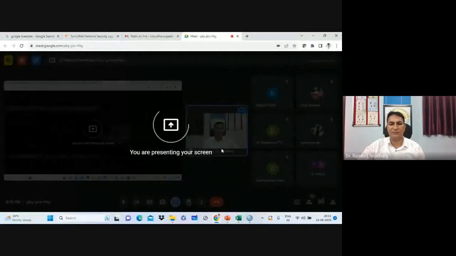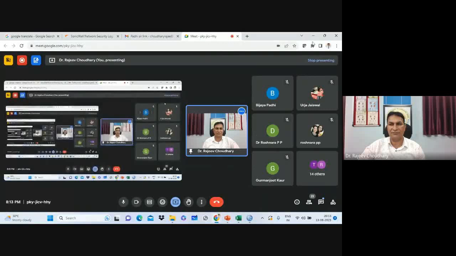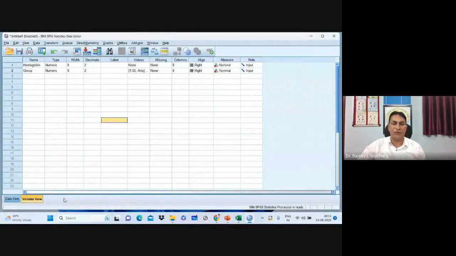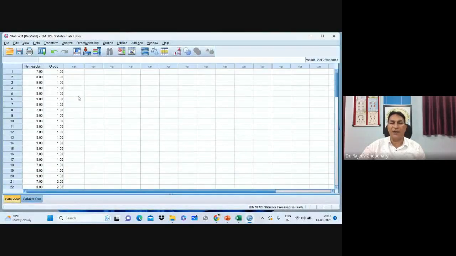Now we are going to analyze by using the parallel non-parametric technique named Kruskal-Wallis test, spelled K-R-U-S-K-A-L. You may write it down. The data entry will be the same as one-way ANOVA.